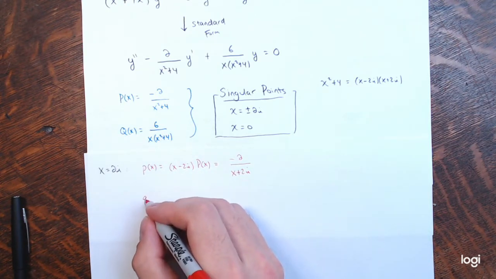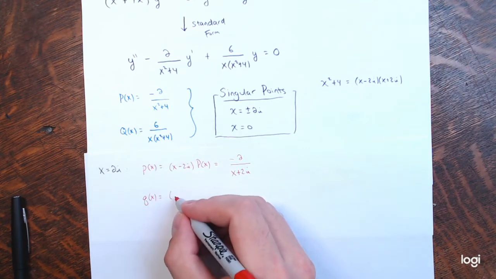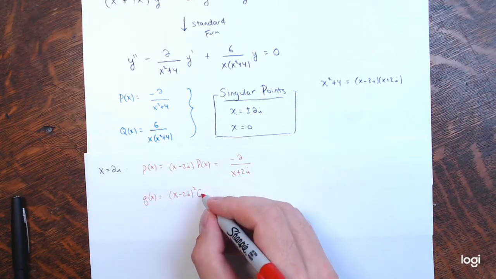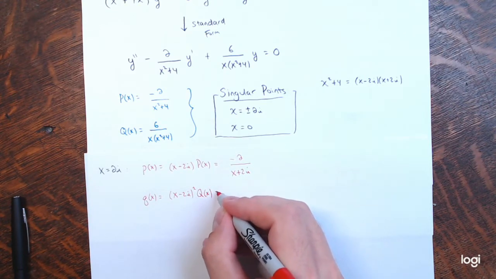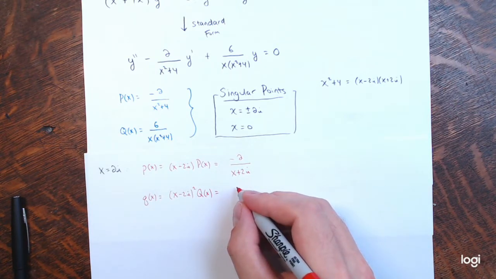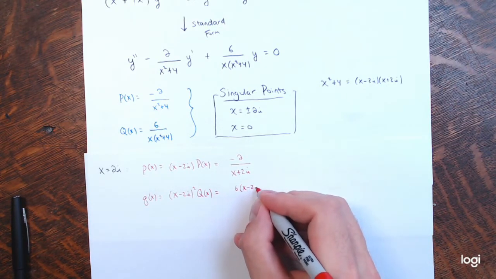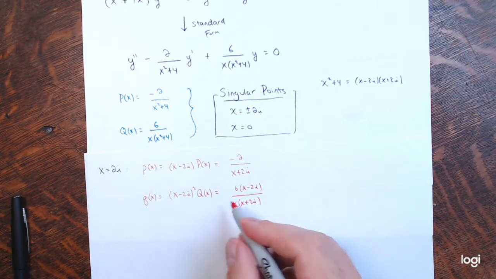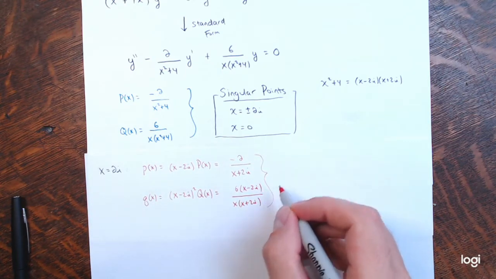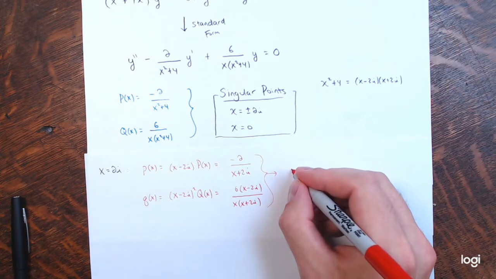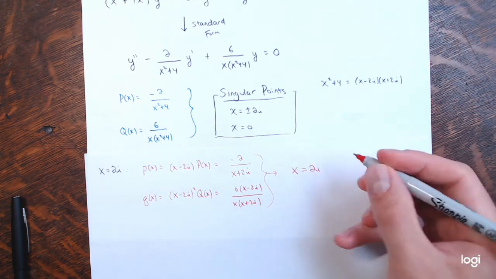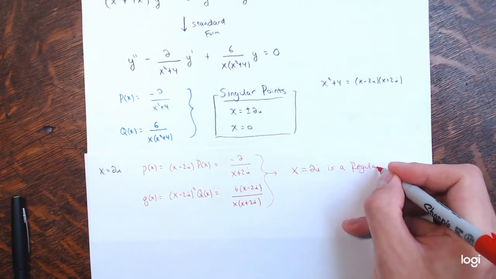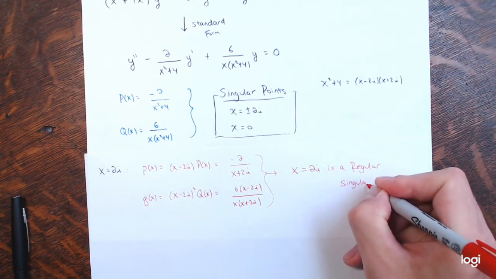And then q of x, little q, be x minus 2i squared times capital Q, which will be 6 times the quantity x minus 2i divided by x times x plus 2i, which is defined at 2i. So both are analytic at x equals 2i. So yet again, we have another regular singular point. So x equals 2i is another regular singular point.